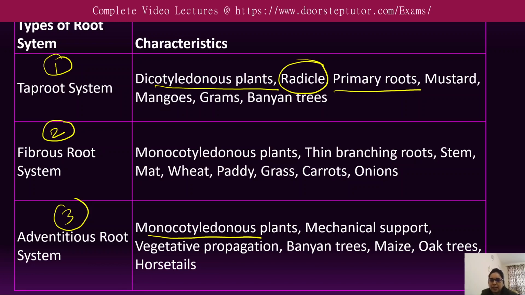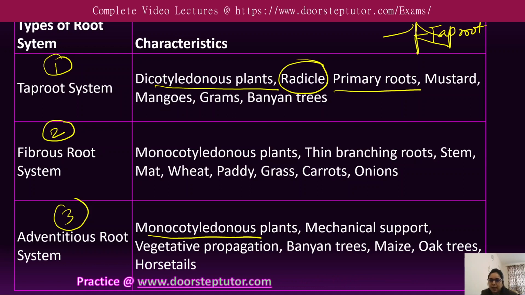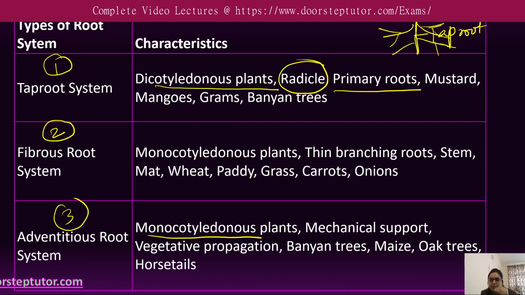The primary root is known as the taproot, and it also has its branches. Some lateral branches are there, generating from the primary root only.